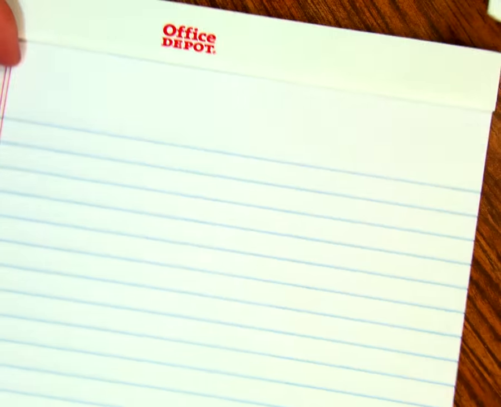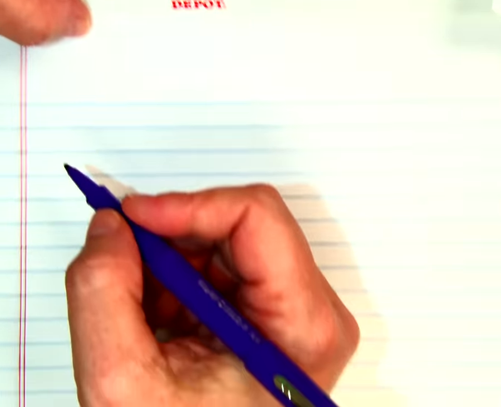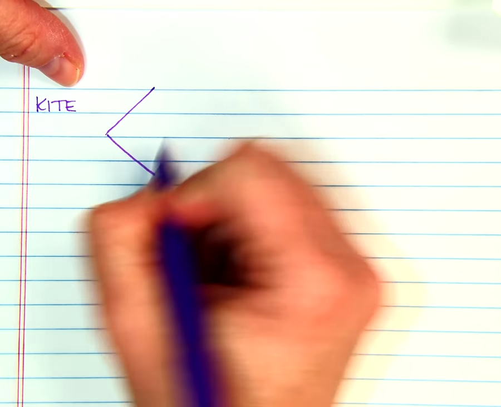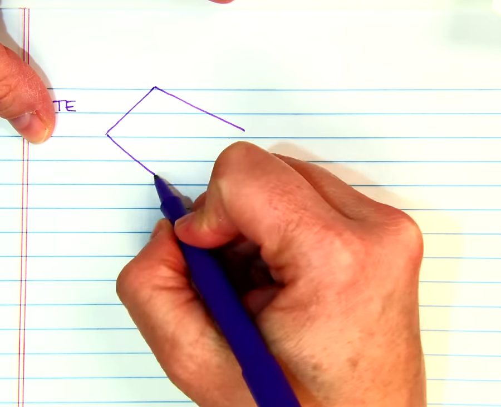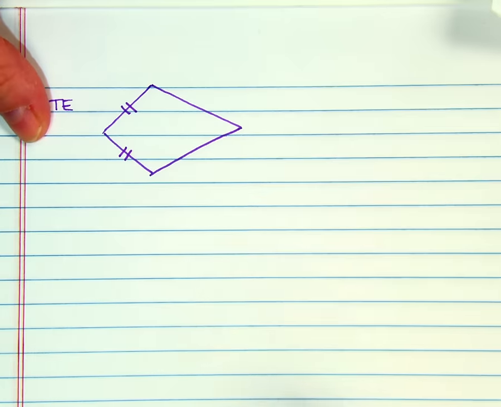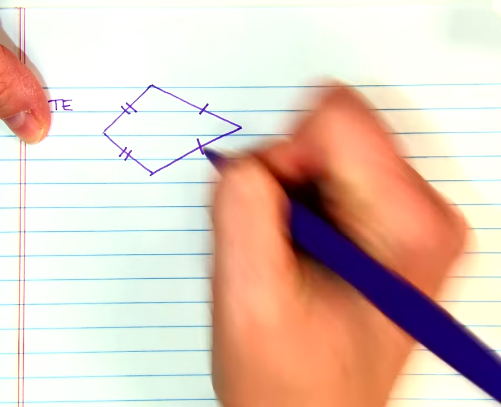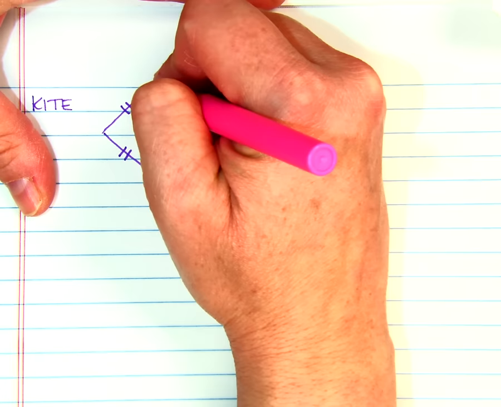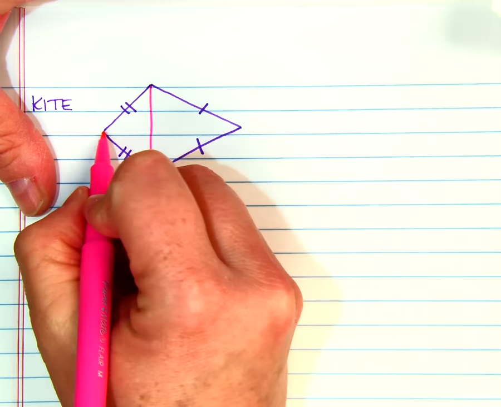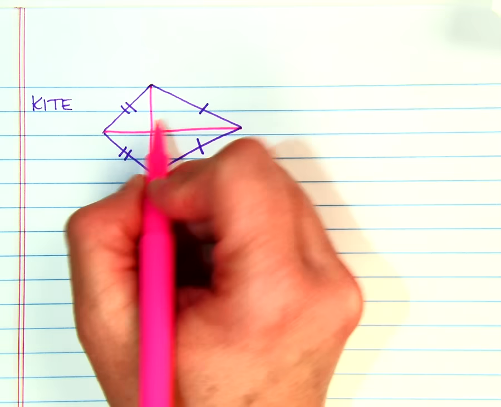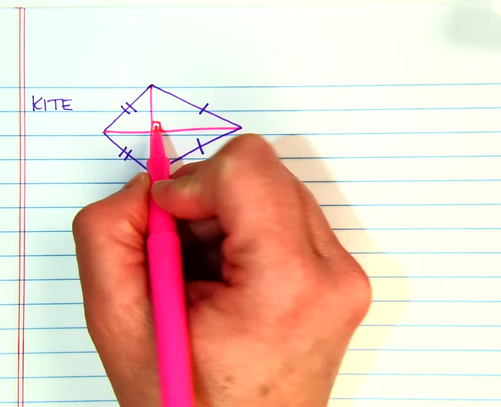The one figure that we don't do a whole heck of a lot with is kites. You guys know what a kite looks like. Okay, so in a kite, those two pieces are congruent, and those two pieces are congruent. Much like a rhombus, we have the two diagonals, and in a kite, the two diagonals are perpendicular.